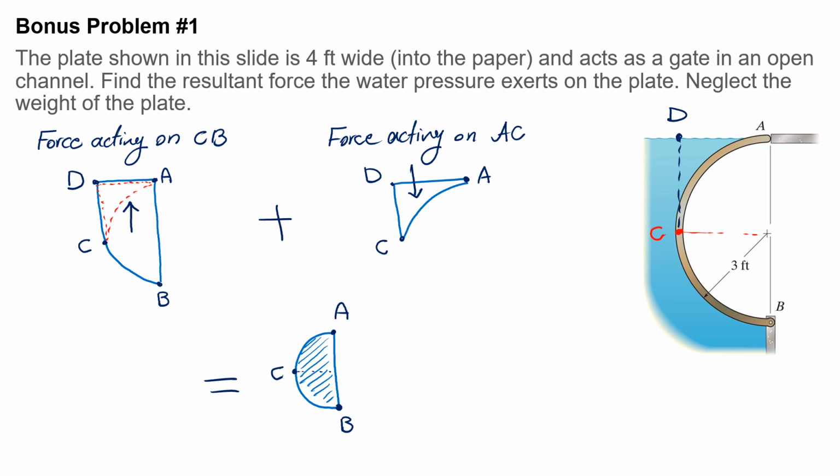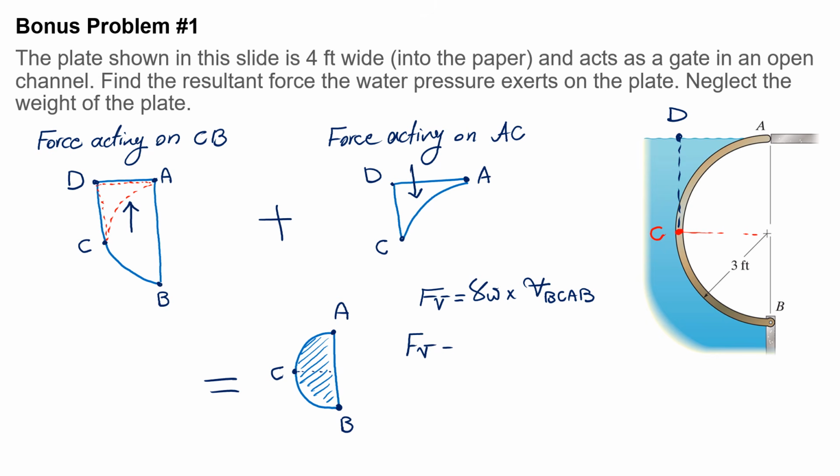To calculate that, it's pretty easy. You just need to write F vertical is equal to gamma W times volume of BCAB.